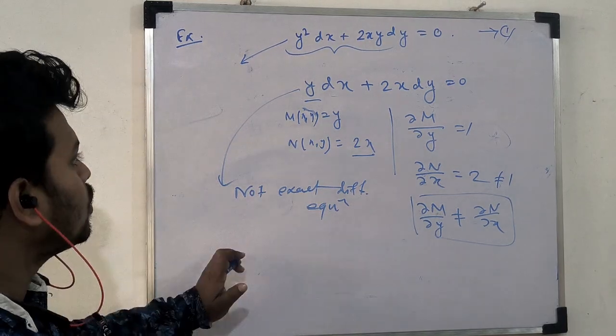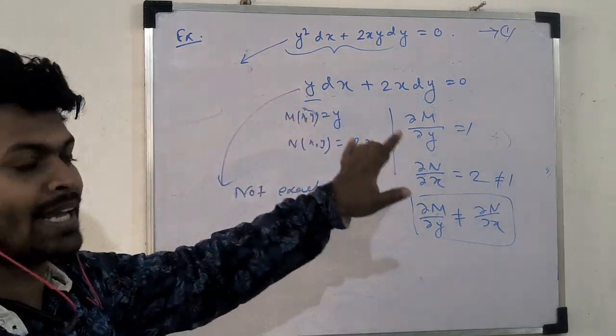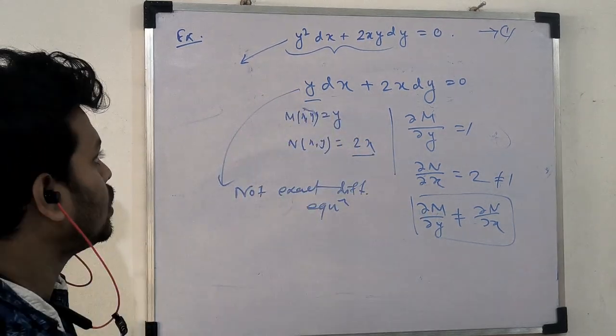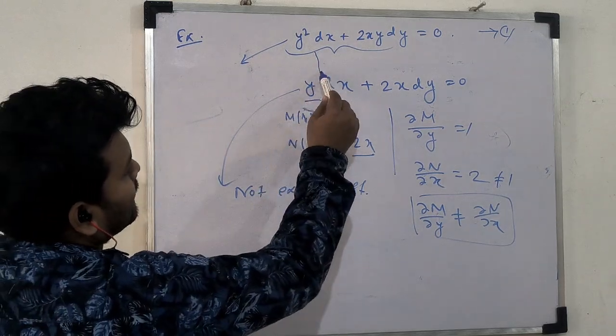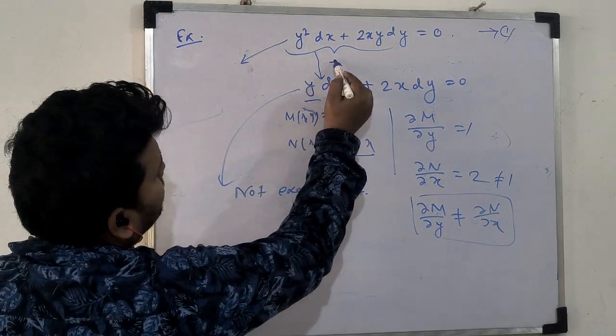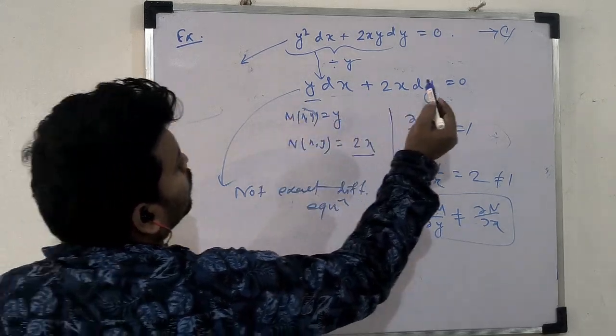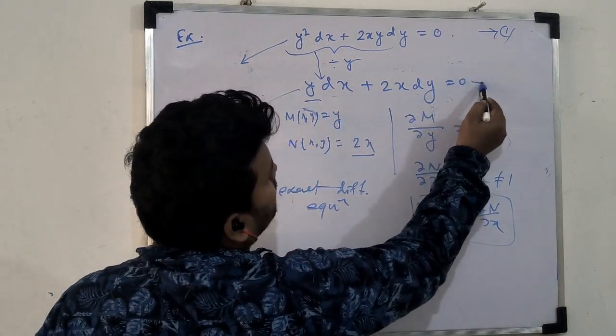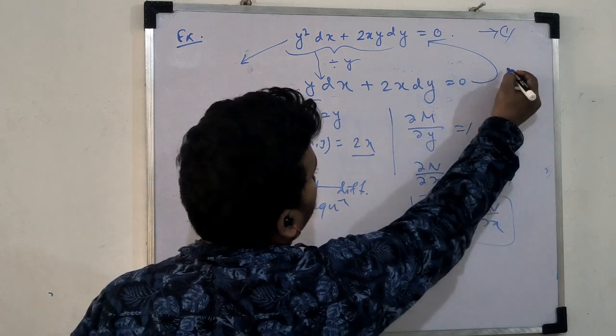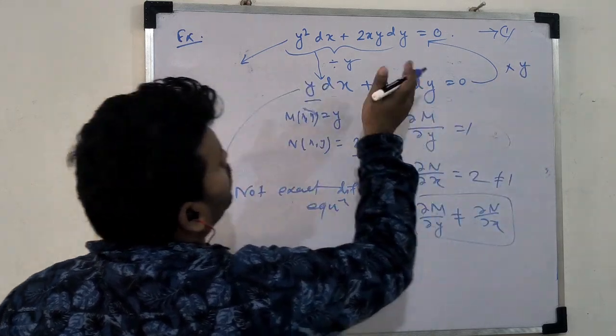So the question is how we can make this non-exact differential equation exact. We got this equation by dividing by y on both sides. So we can get from this non-exact differential equation to the exact differential equation by multiplying by y on both sides.